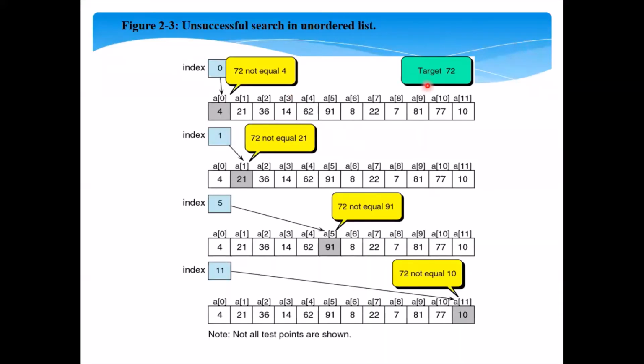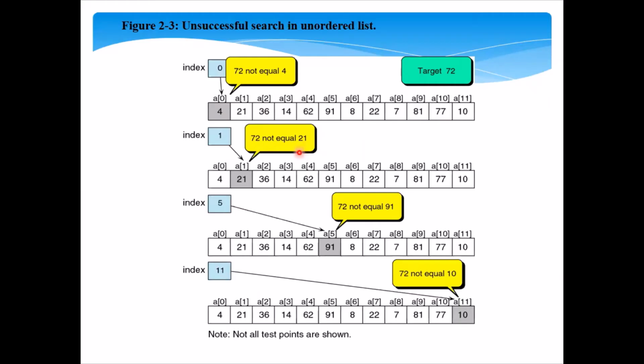Another example is if the target is 72 and that target value is not within the elements. Since this is sequential searching, we start at position 0 and compare it to the target value. If it's not equal, then we move to the next index and compare again.